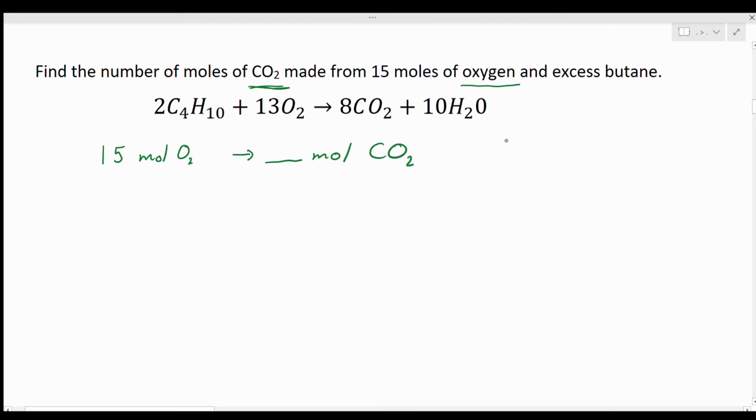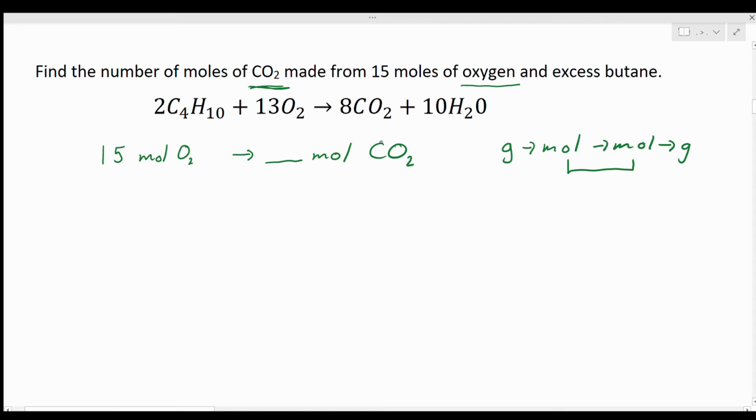Okay, so according to our map, we're only dealing with the moles. So moles of oxygen and moles of carbon dioxide. And so here we can write another proportion.